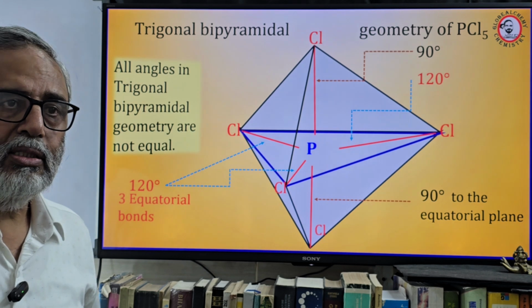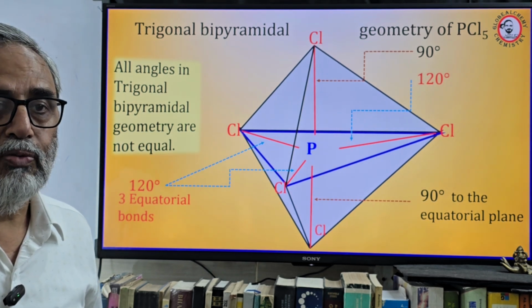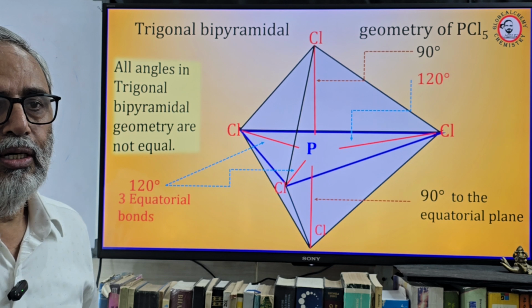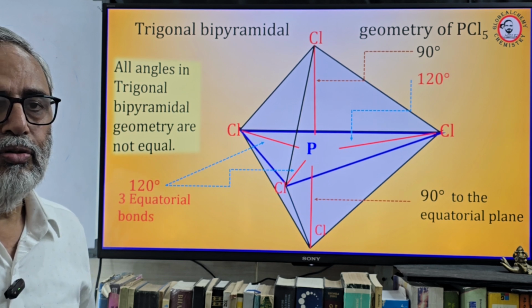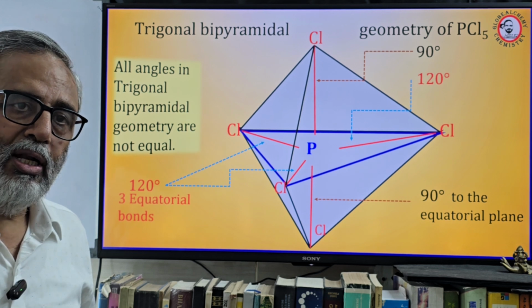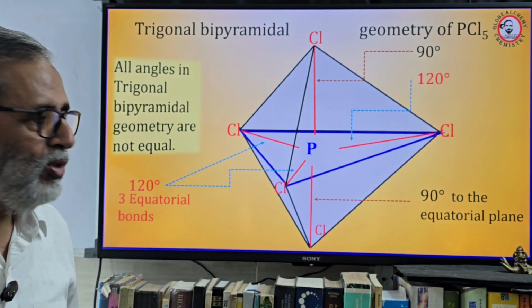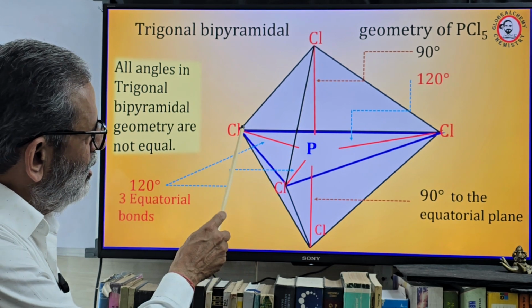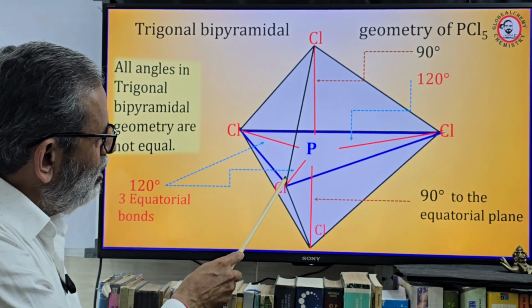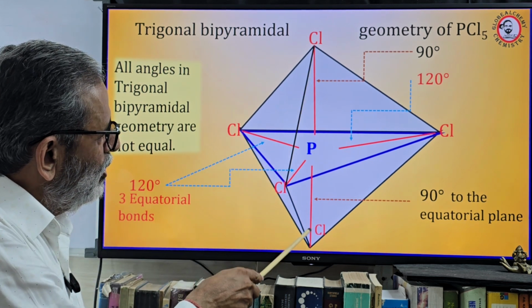So all angles in trigonal bipyramidal geometry are not equal, and bond length is also not equal. For example, you can see here these 3 PCl bonds are equal and these are not equal.